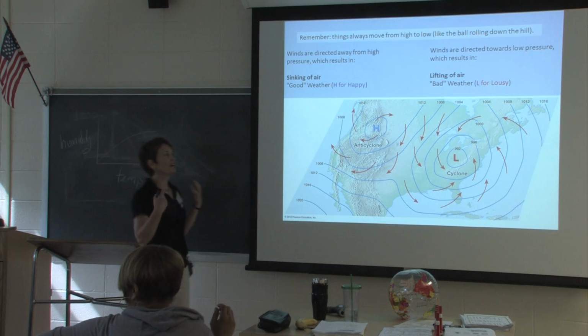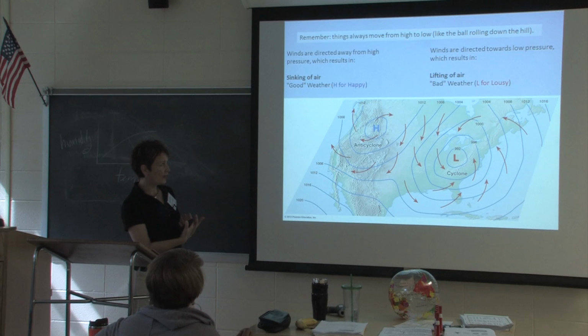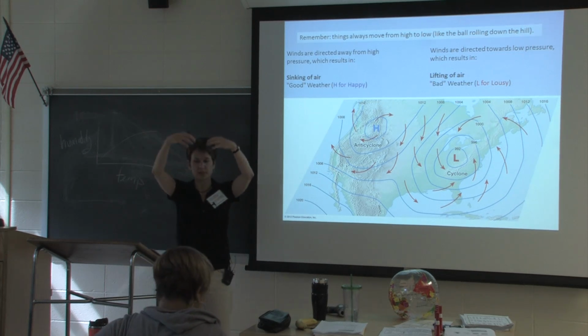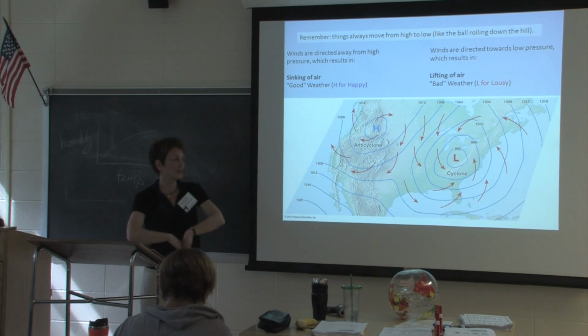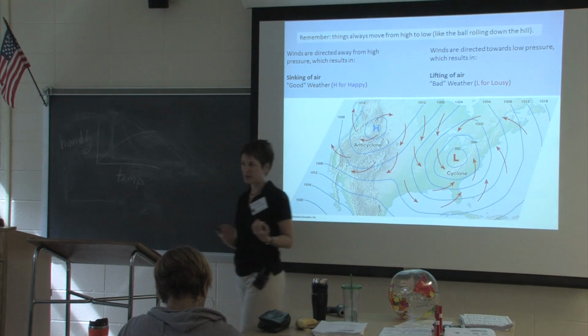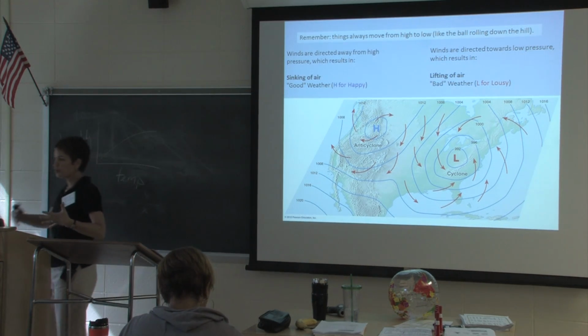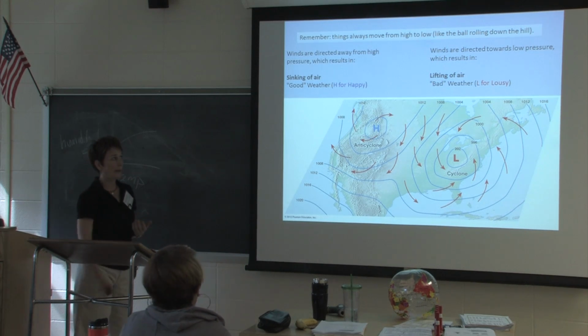Generally, we tend to think of high pressure systems as being nicer weather because we're getting cool air from above descending. That's what's creating that high pressure. Low pressure systems, we tend to associate with kind of lousy weather. We get this warm, moist air lifting, condensing, creating cloud cover.